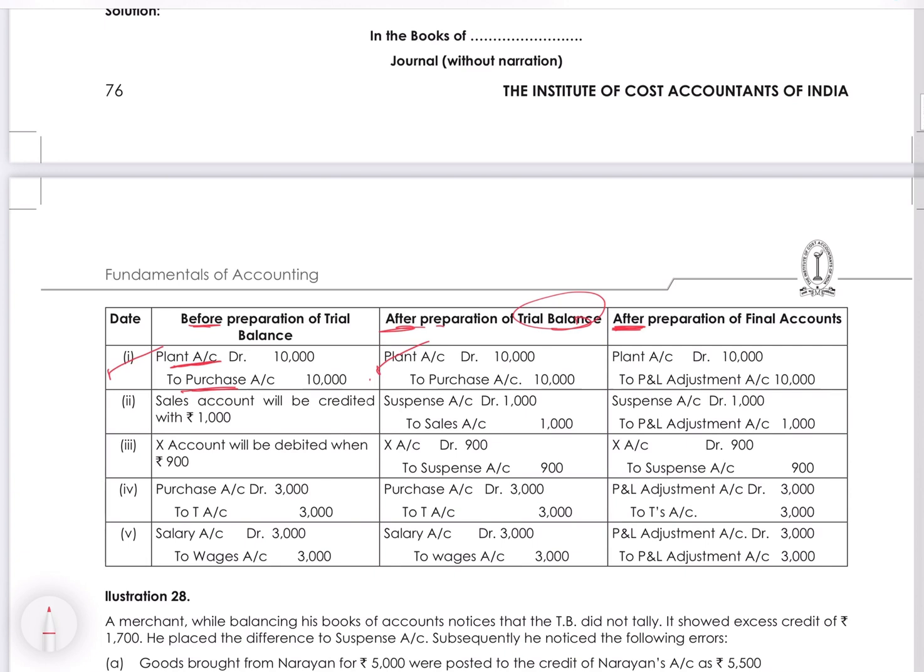So you can write plant account debit to trading account, or else normally trading account is not written. They say we are adjusting the P&L, so we call it P&L adjustment account. So plant account debit to P&L adjustment account. Understood why that entry hits the P&L adjustment?